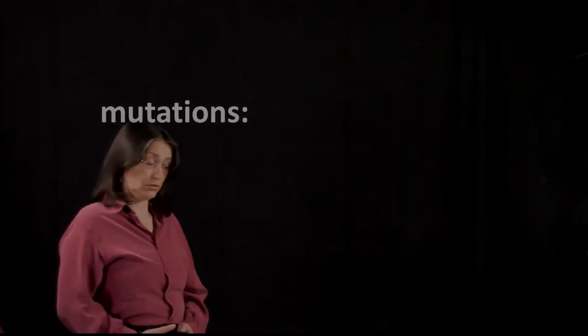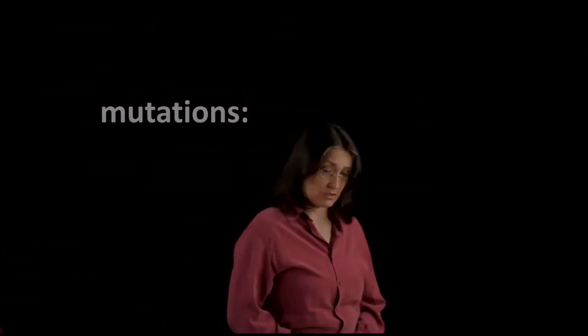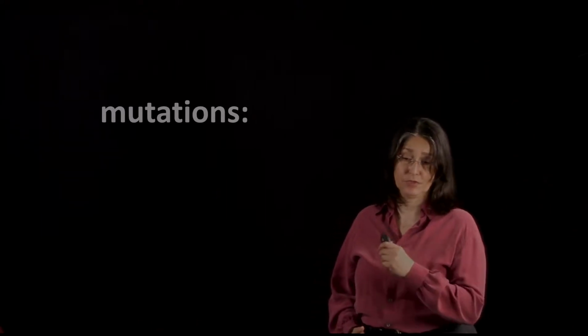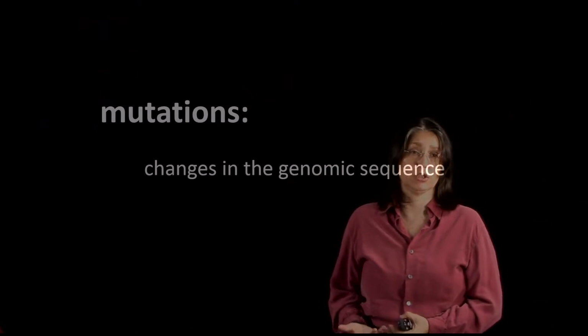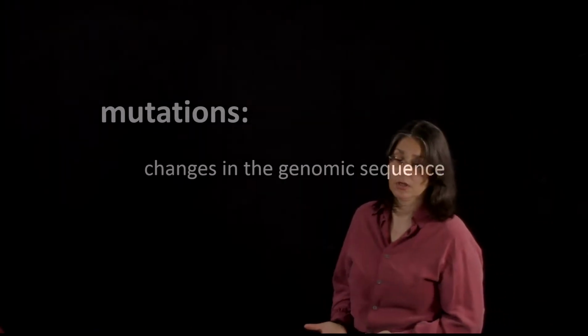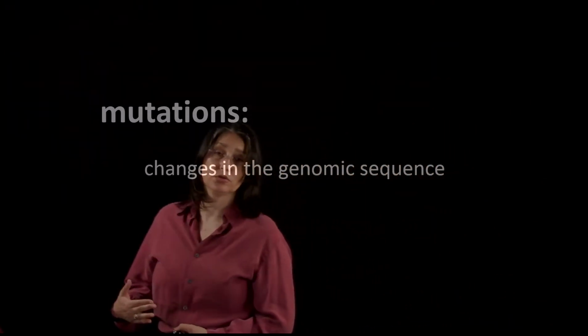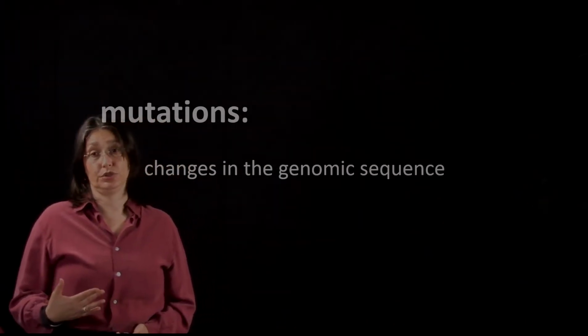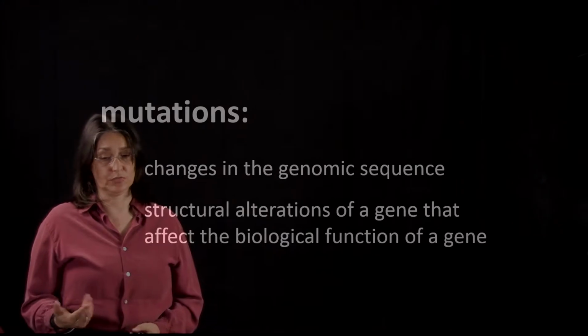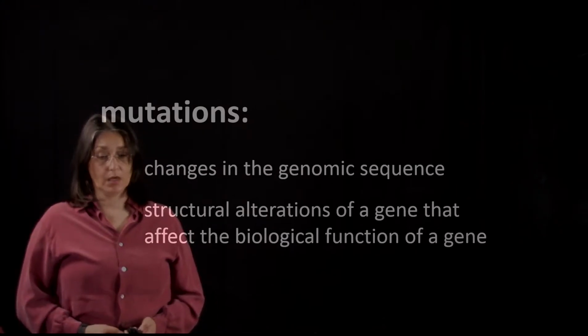So according to those levels of change, mutations can have different types. But first of all, mutations literally refer to any change in your genomic sequence. And the genomic sequence refers to all the nucleotides in all your genes, in all your chromosomes, and so on.